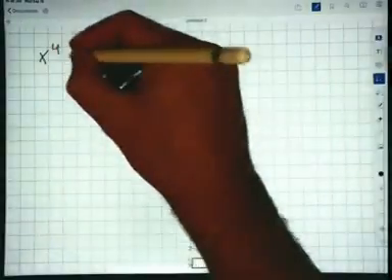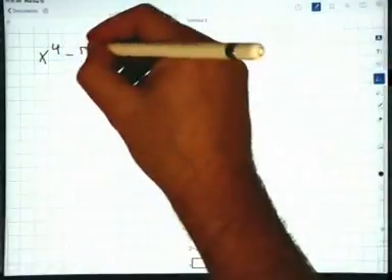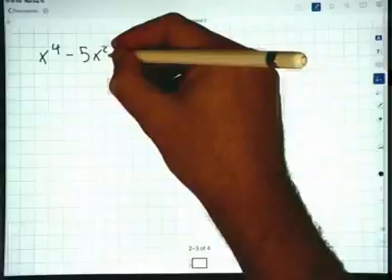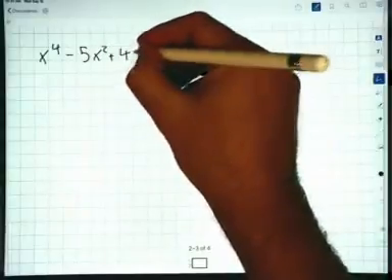X squared, or excuse me, x to the fourth minus 5x squared plus 4 equal to 0.